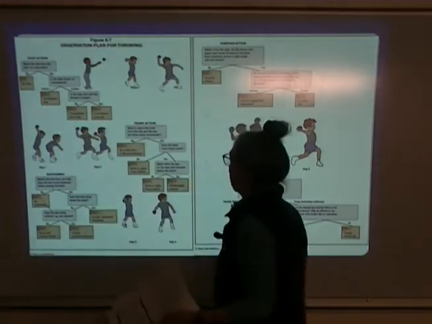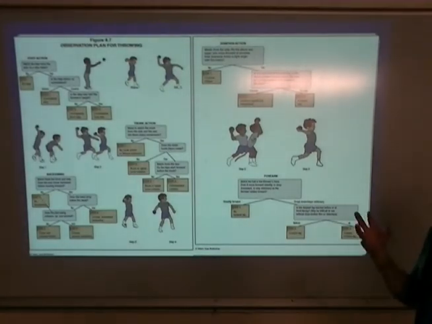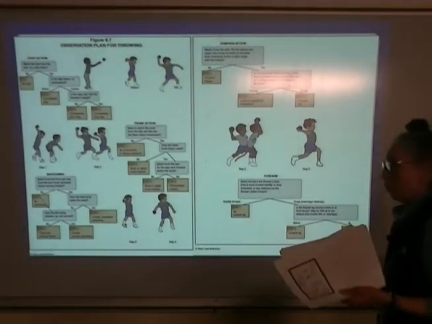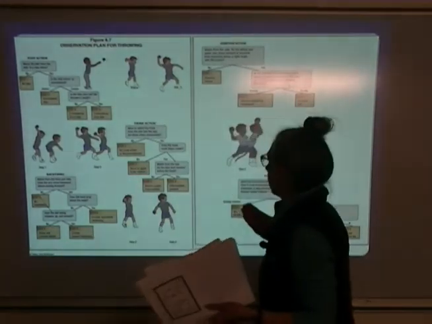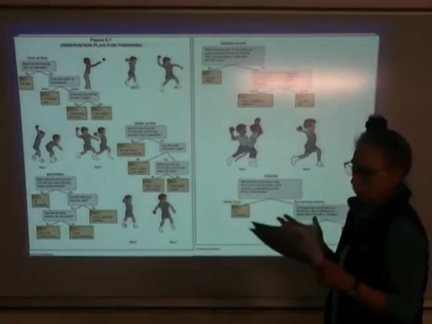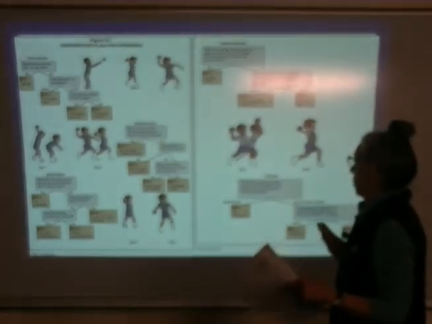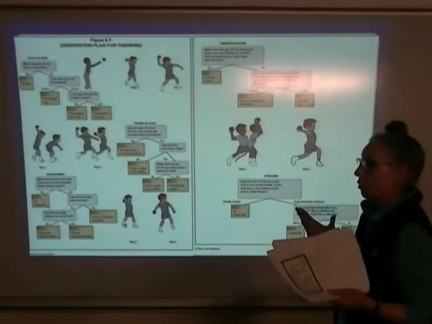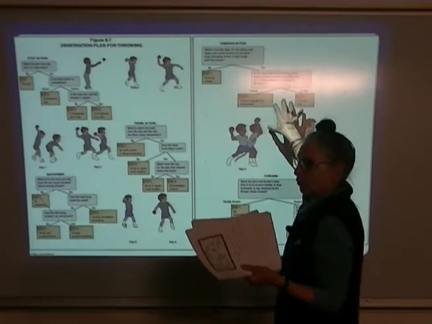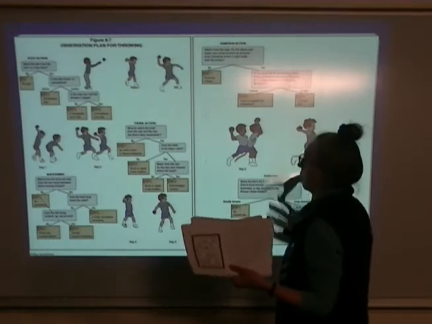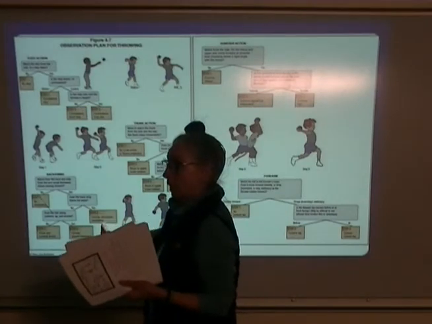Right. Now what's interesting, and it's more obvious with throwing than it is for running because we've got so many more components, is that an individual doesn't achieve the same step for all components at the same time, right? And some people may not ever achieve the higher levels on the arm type action ones, right? Or maybe not even on the backswing.